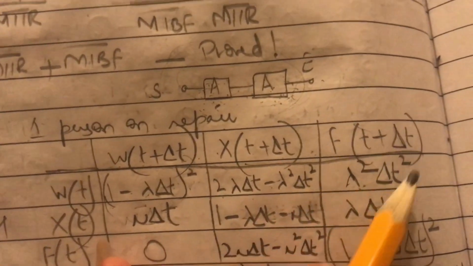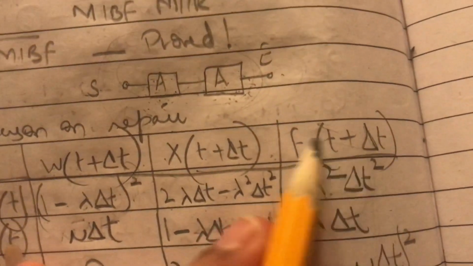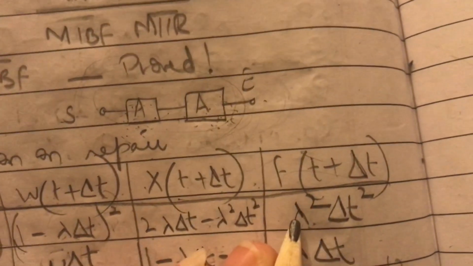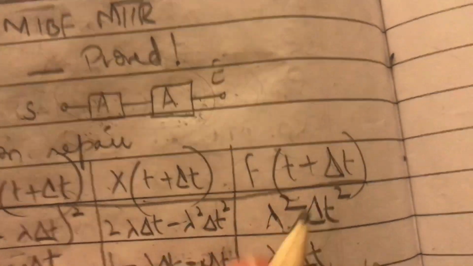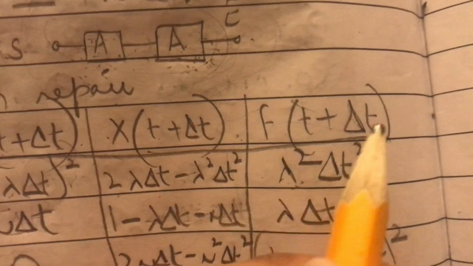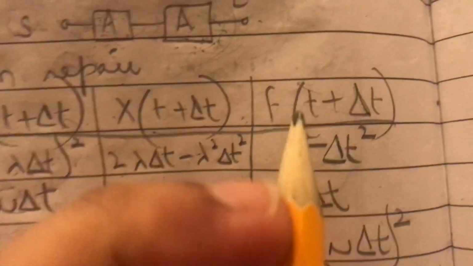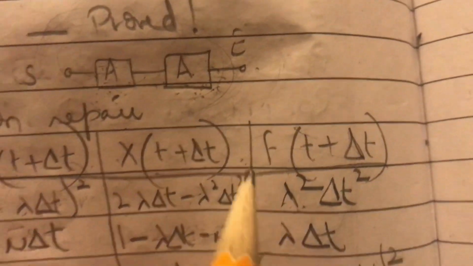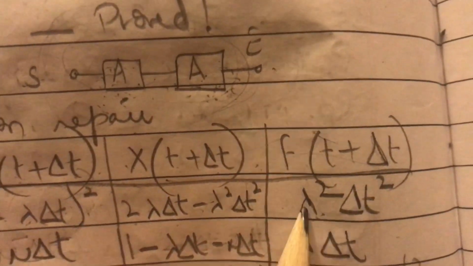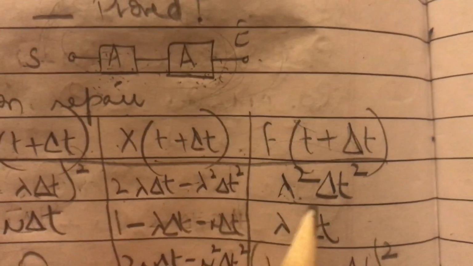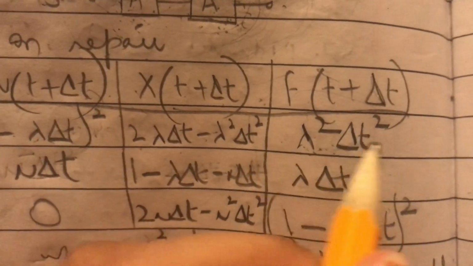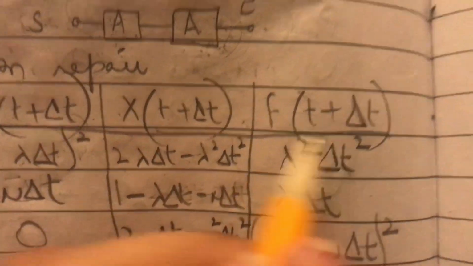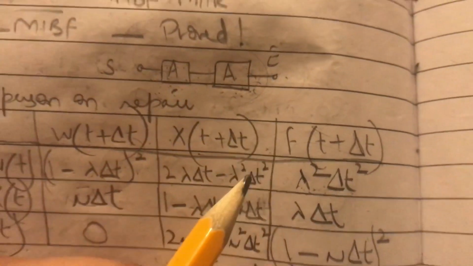But first we have to write what happens when it has failed. So we wrote it as lambda square delta t square, because right now the item has failed, no repair conditions or anything else are provided, and its initial condition is simply that it has failed. So lambda square delta t square, with the square because we are talking about two items.